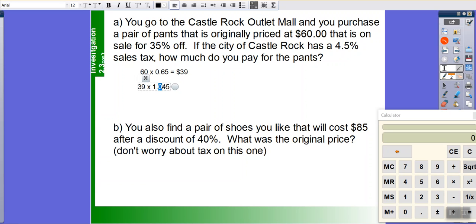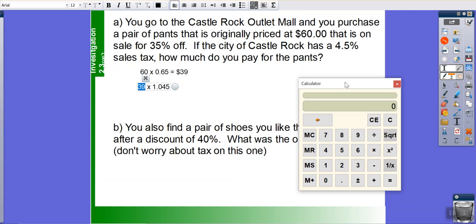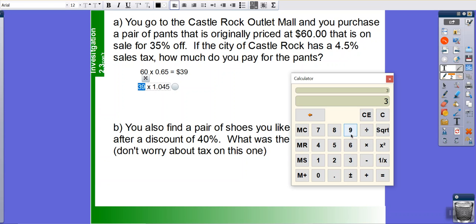The 0.045 represents the sales tax. So if I multiply 39 by 1.045, I will get the actual cost of the pants with the tax. So I'll go ahead and do that. Oh yeah.